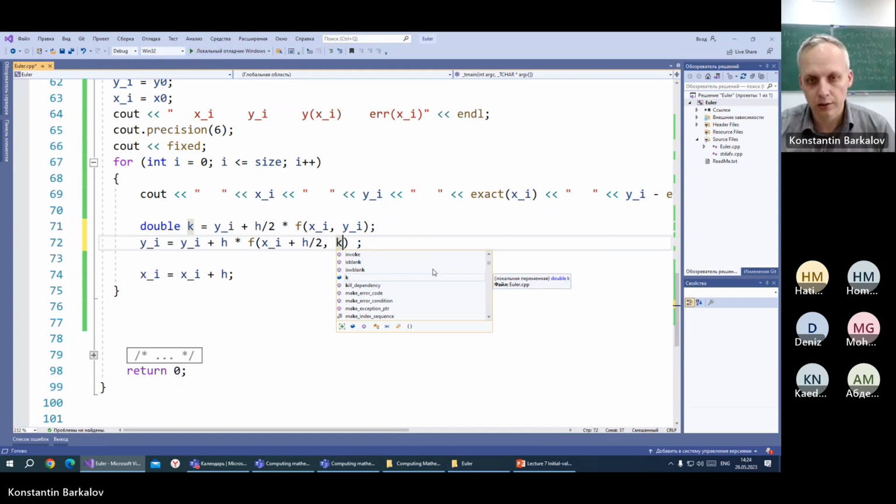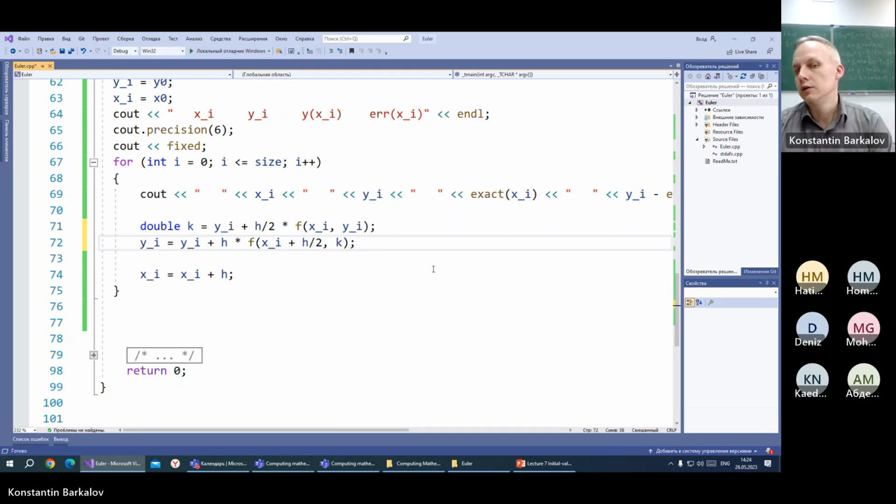That's all. 2 steps. First step, we compute k. Second step, we use k in this formula.